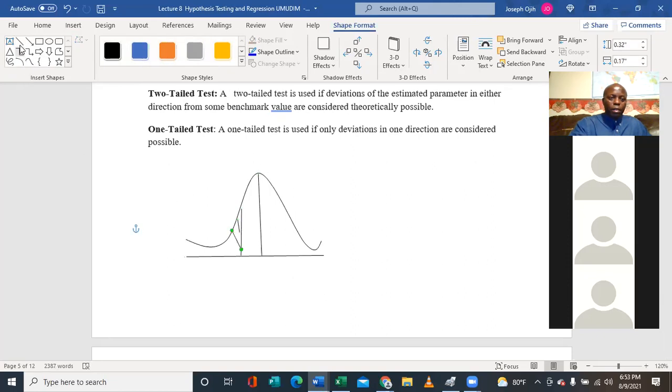So this is a type of one-tailed test, because it falls in the left tail.